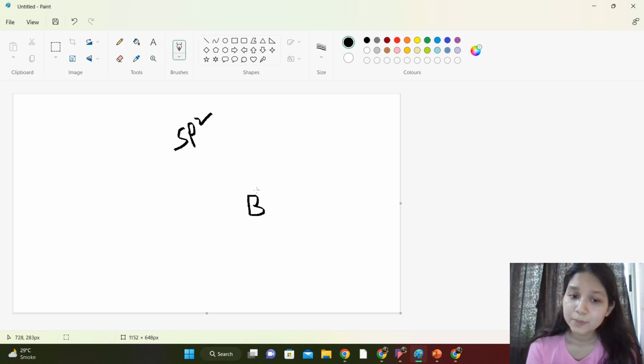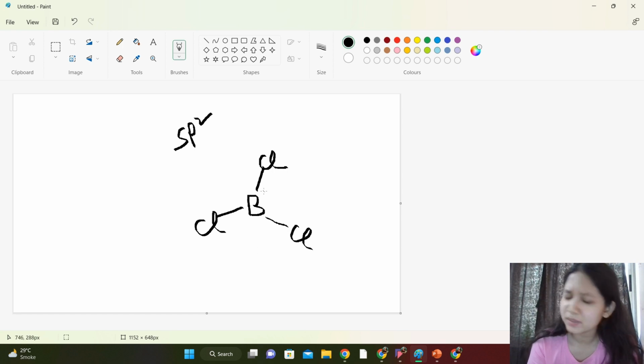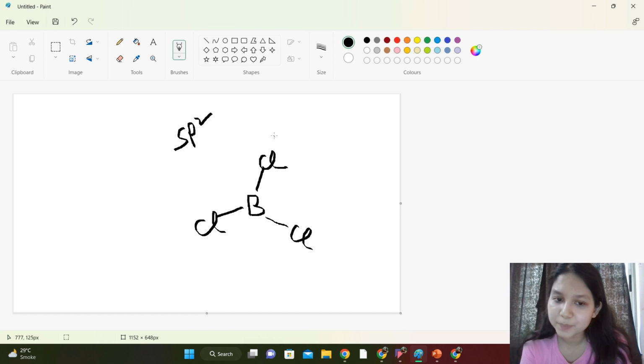So we will have trigonal planar geometry and a planar shape for this molecule. So like this, the chlorine atoms will be oriented in such a way. Does anyone know the bond angle that the BCl bonds will have?